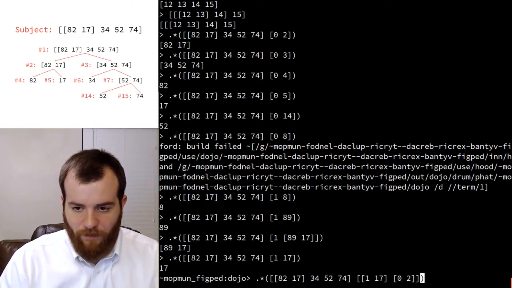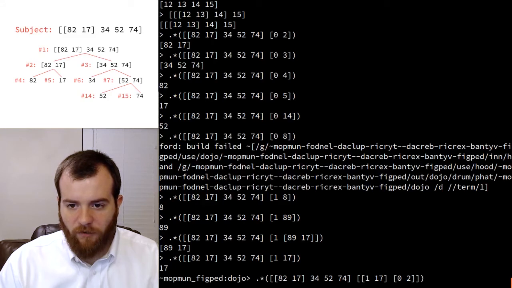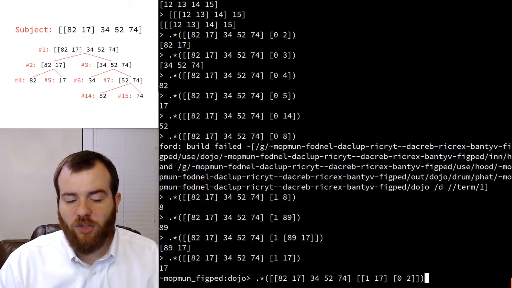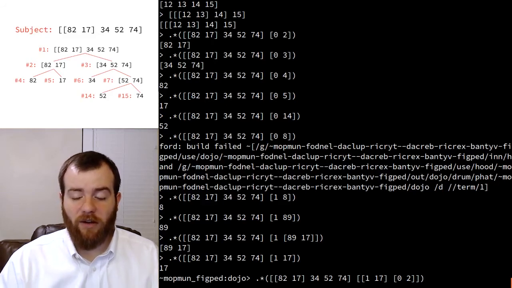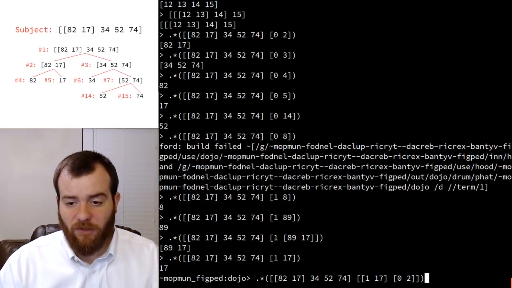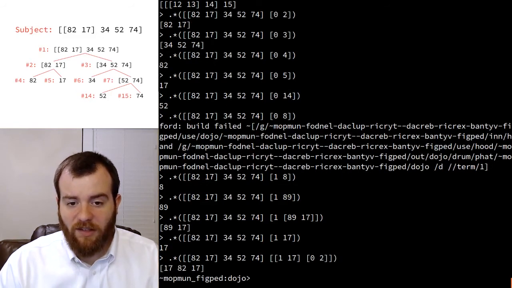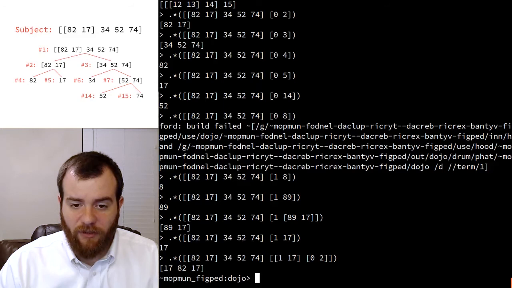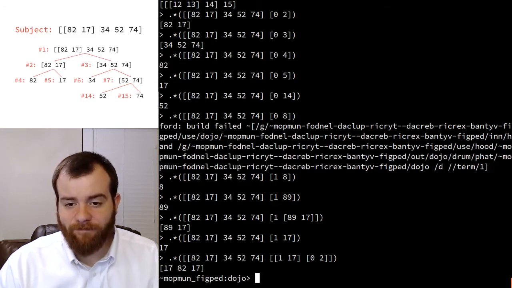So the pair of formulas I have is NOC 1 with 17 to the right, and then NOC 0 with 2 to the right. So this should return a pair of things now. It should return 17 at the head, and the result of whatever's at address 2 from the subject should be the right-hand side. And that is indeed what we get. We get 17 on the left, and then the pair of 82 and 17 to the right.